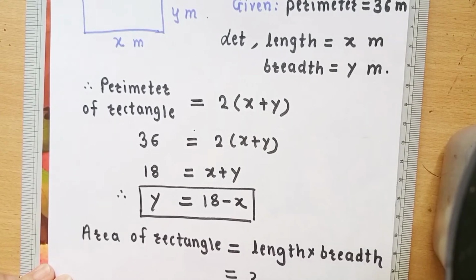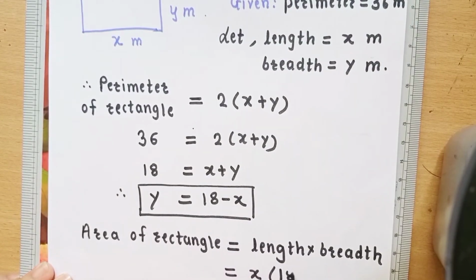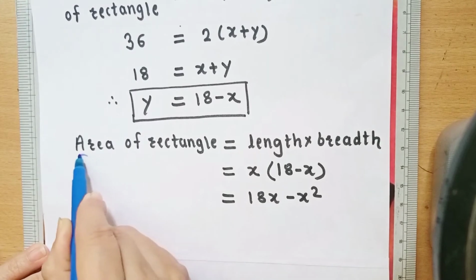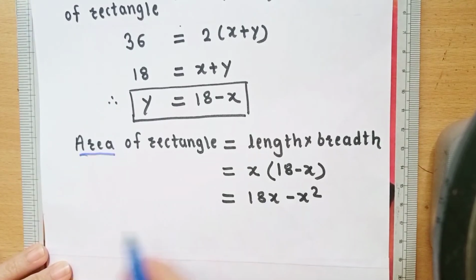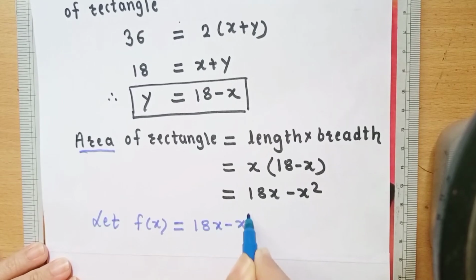And so length is x and breadth is y, but we have to write it as a function of x. So here 18 minus x. Here it is given that this area is maximum, so we will consider this as a function of x. So let f of x equal 18x minus x square.